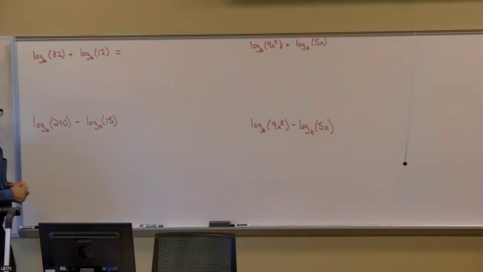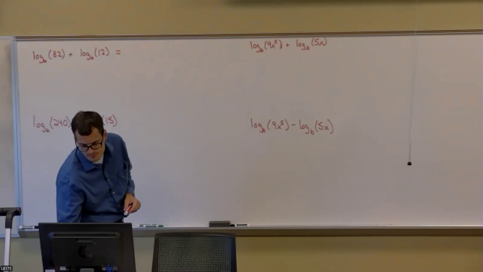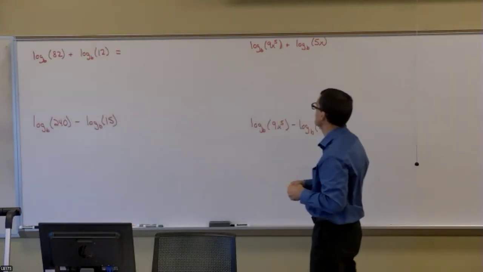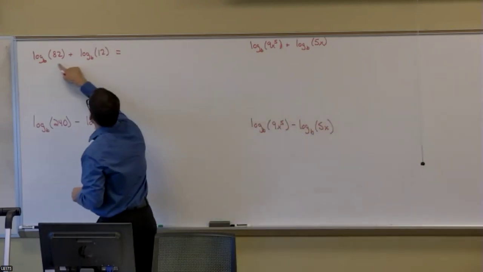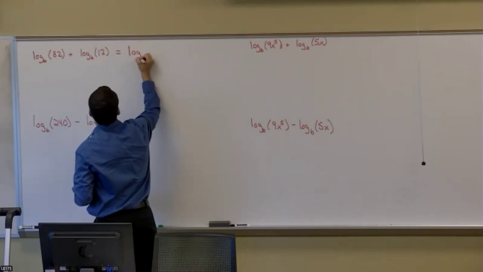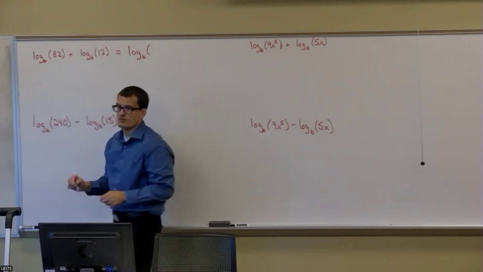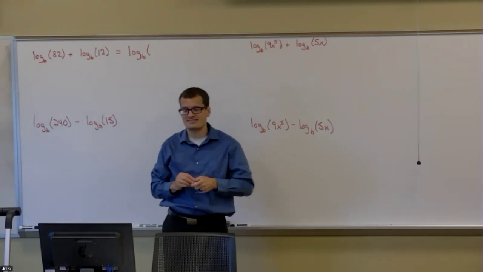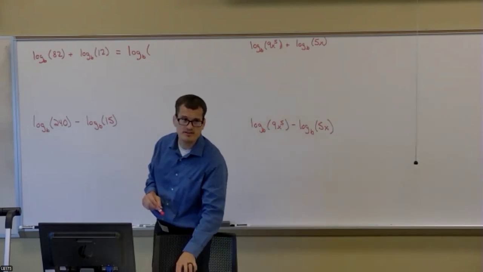So we have this scenario. Or I should say these four scenarios. This first one, since we're adding the two logs, if I want to create a single log, I need to multiply what's on the inside.